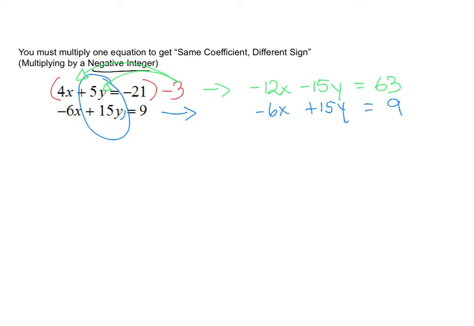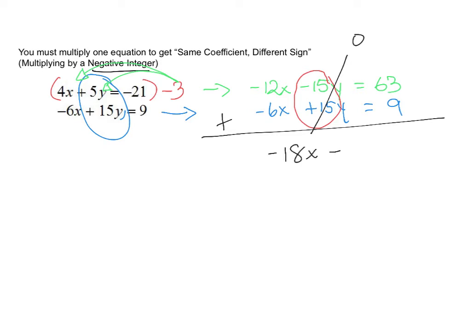So now I have same coefficient with different signs. So when I go ahead and add everything together, my y is eliminated because that will give me 0. I'm left with -18x, and then 63 plus 9, 72.